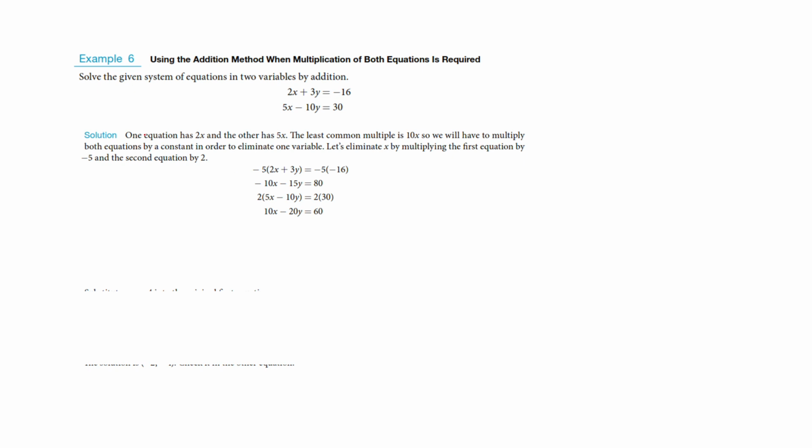All right, so here on this one, I warned you this was coming. If you look here, there's no simple way to make this disappear with an addition. So what we could do is sometimes we have to multiply both equations. Now, you'd quickly see I can multiply the top by 5 and the bottom by -2.